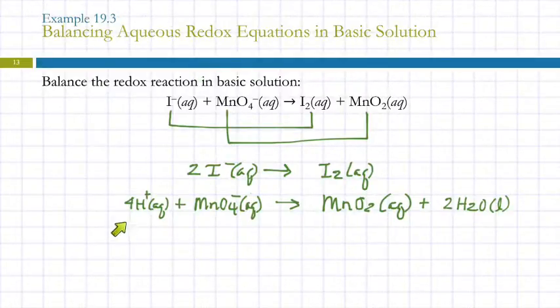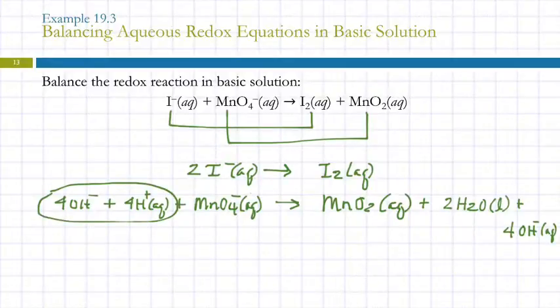So I need to neutralize these hydrogen ions. There's 4 hydrogen ions here, so I'm going to add 4 hydroxide ions to both sides. If I have 4 hydroxides and 4 hydrogen ions, what does that make? H2O. How many? 8? No. I've got 8, 3, and 2. 9? 4!